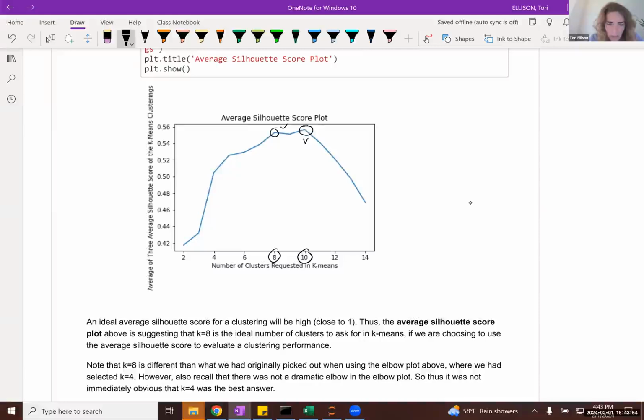They look pretty close to each other. Given that the k-means elbow plot also was validating that perhaps there are 8 clusters in the dataset, I might choose to focus more on k equals 8 as opposed to k equals 10. But again, for a more thorough analysis, you might explore all of 4, 8, and 10, and see what different insights you might unlock.